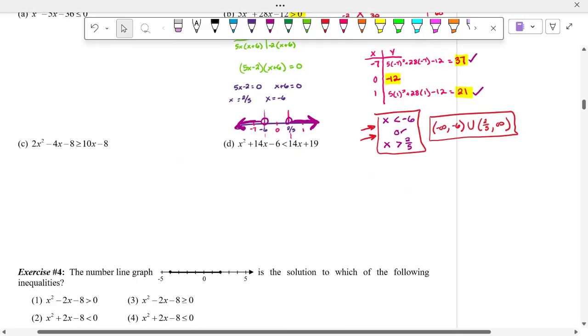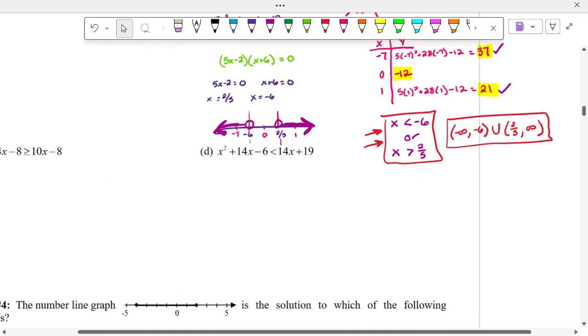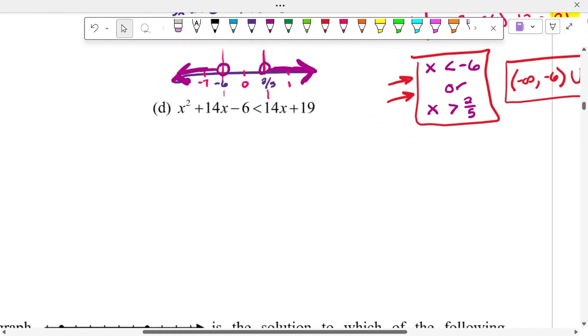All right, let's try one more. So let's do letter D. Now, just like with solving a quadratic equation, we always have to get one side equal to 0.